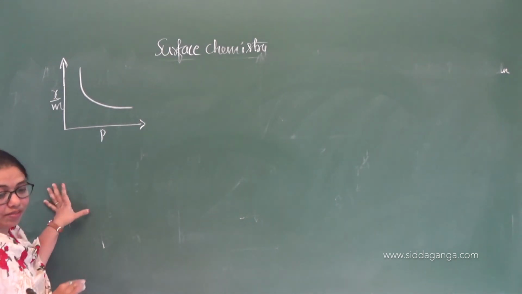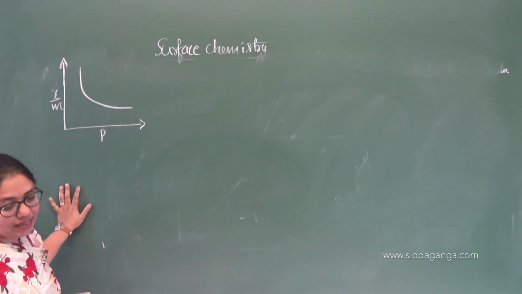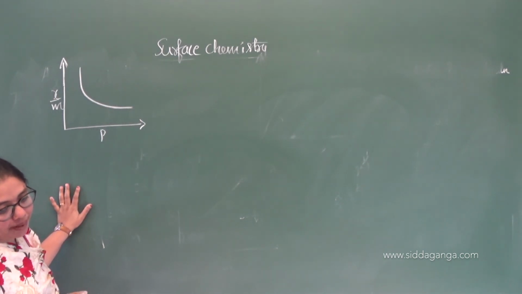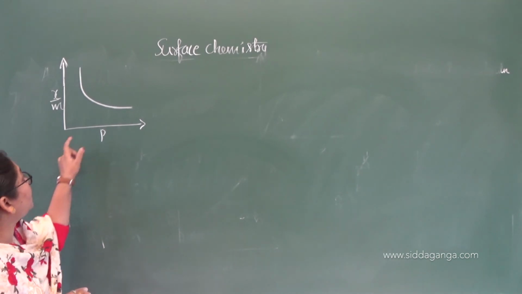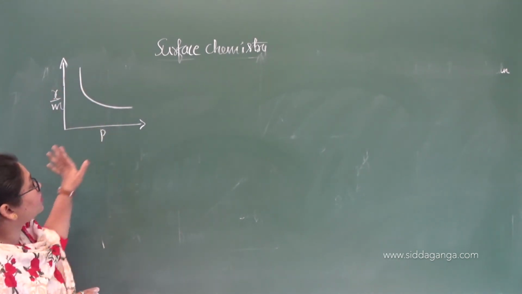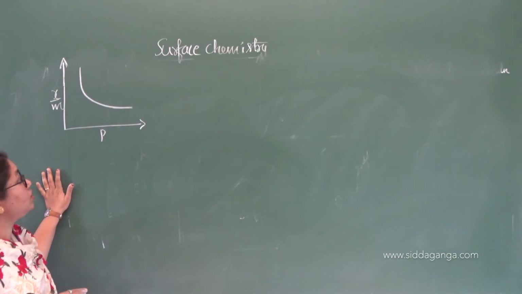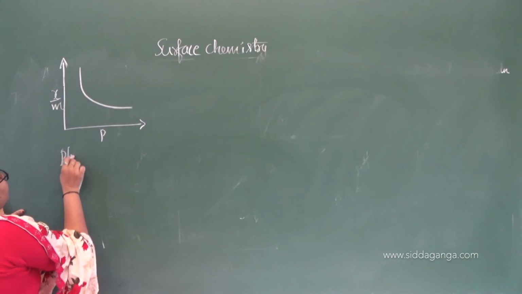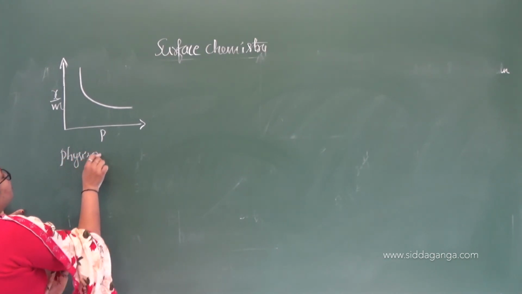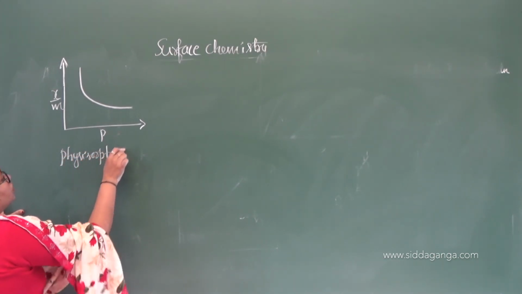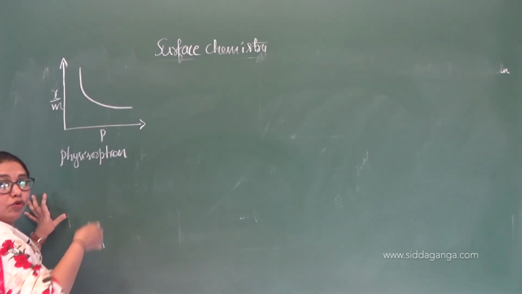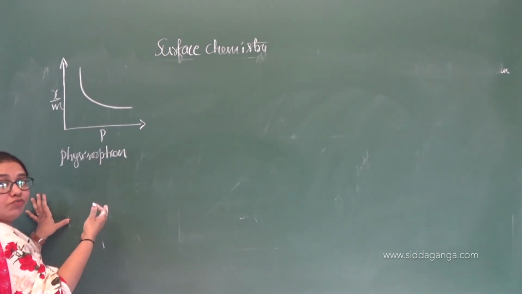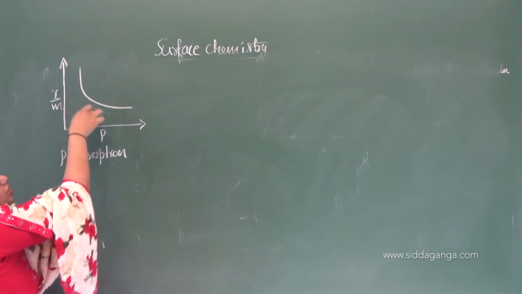I already explained this. As the pressure increases, the extent of adsorption decreases at constant temperature. That is the graphical representation for physisorption. If they give four graphs with options, you have to identify based on this.